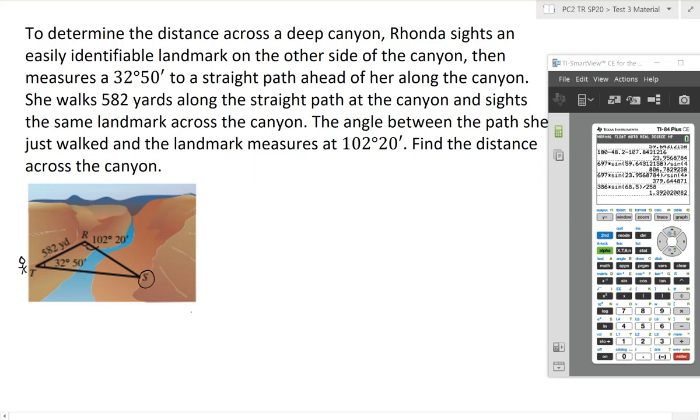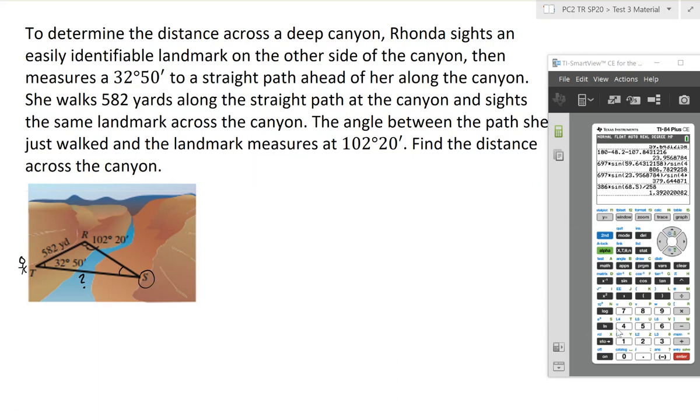So we need to find this distance across the canyon from the first place that she was standing there at T to the landmark at S. What is the distance of TS? All right, so we don't necessarily want to know what this angle is, but we're going to need it to be able to use it with this 582 yards.